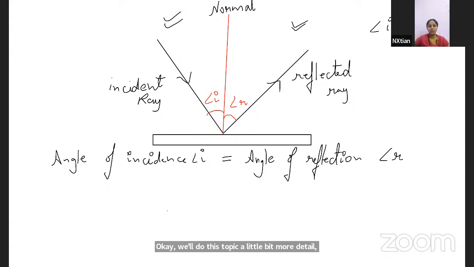It's essential for us to understand why it is happening, what the incident ray and reflected ray are, what the two types of reflections are and all of that. Whatever I am doing here right now, I'll be giving the notes to you.